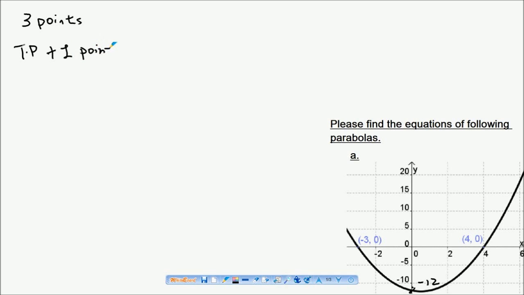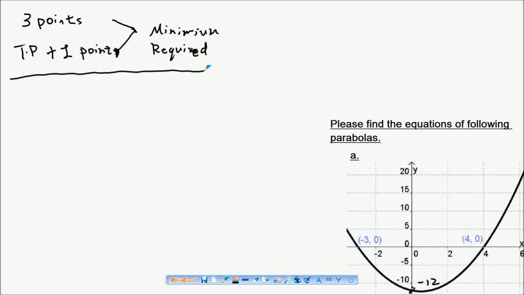This is the minimum requirement to determine the exact equation of a parabola. If you don't have enough information, you can't determine the exact equation of a parabola.